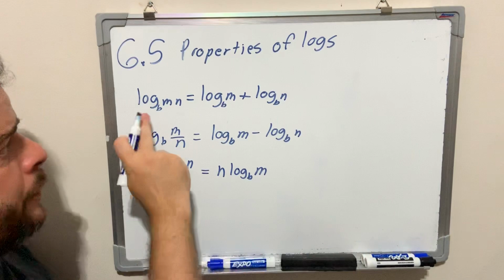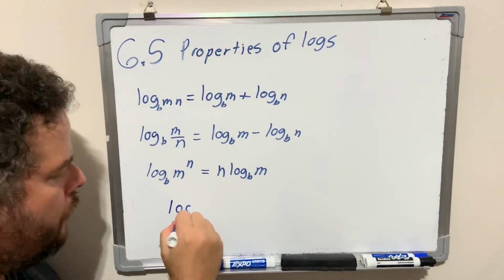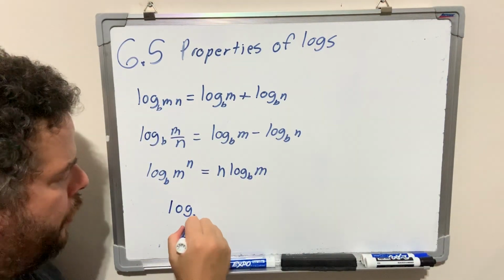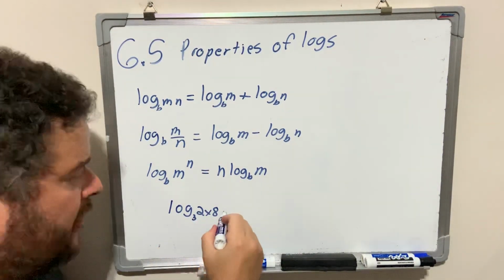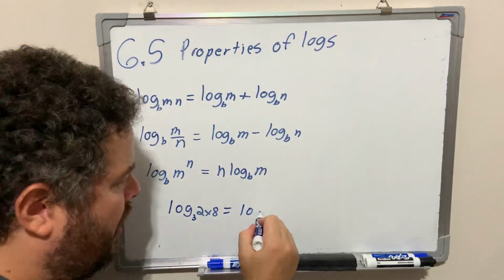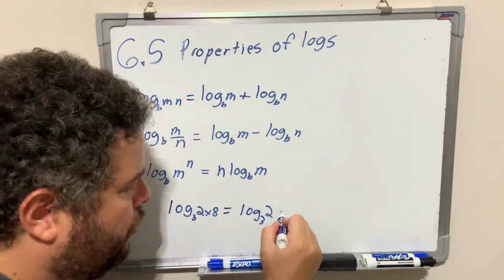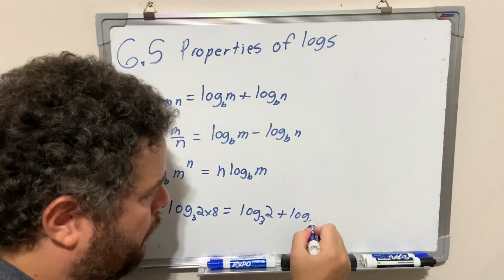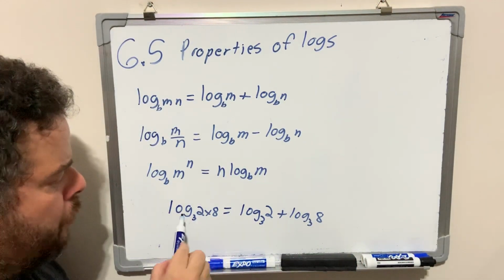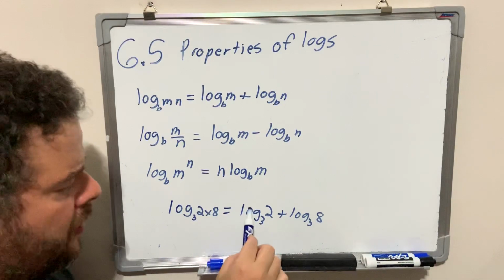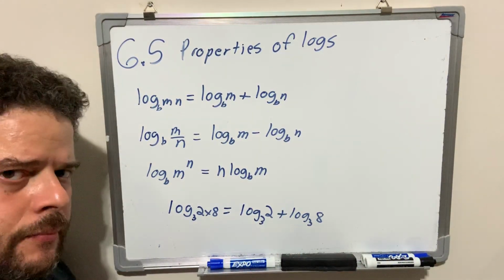So for example, if they tell you log base 3 of 2 times 8, or 16, it's the exact same thing as log base 3 of 2 plus log base 3 of 8. So you're kind of like distributing the log and then adding.